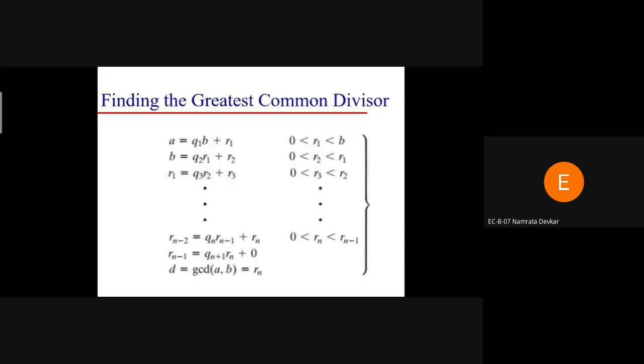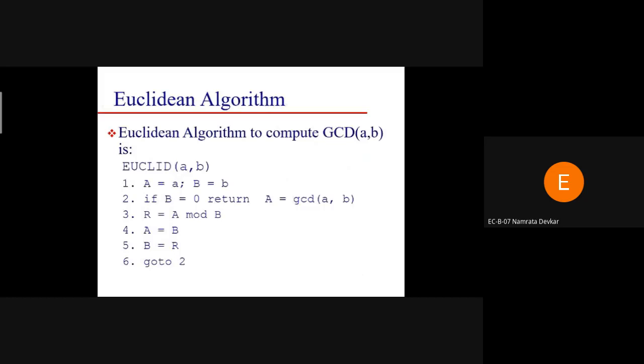Here is the mathematical representation of GCD, and we have to use the Euclidean algorithm for finding the greatest common divisor. Here are the first conditions of the Euclidean algorithm.